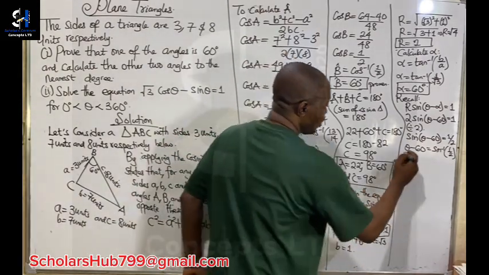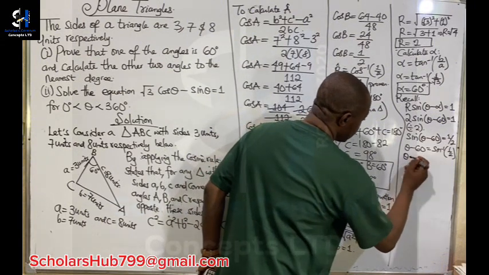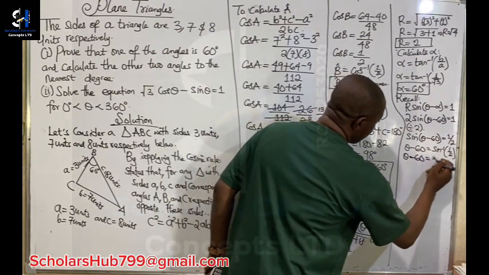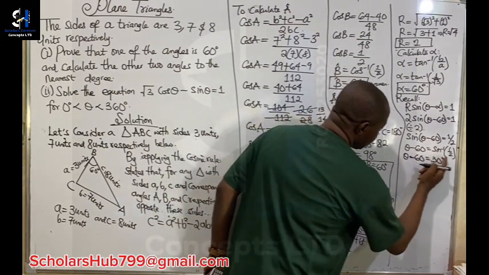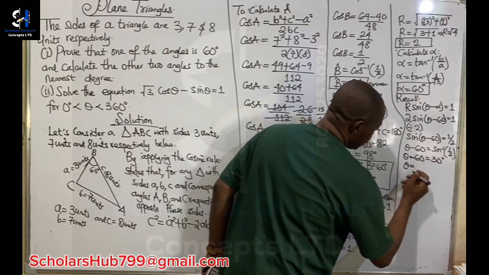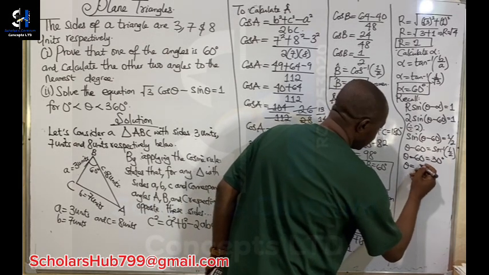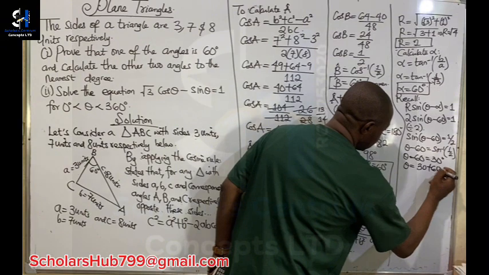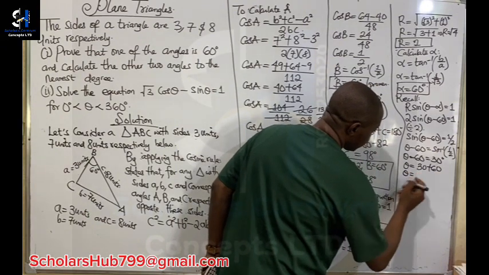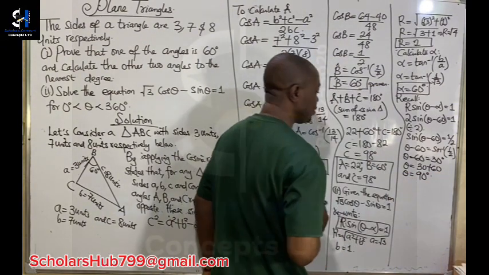So in this case, we have theta minus 60 equals 30 degrees. When this is moved to the other side, theta equals 30 plus 60, and that will be 90 degrees.